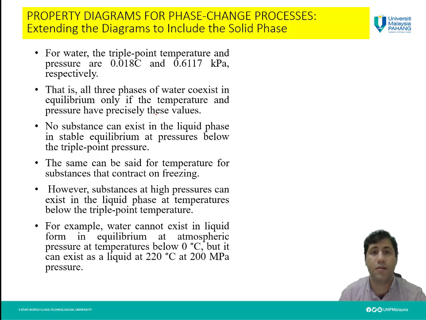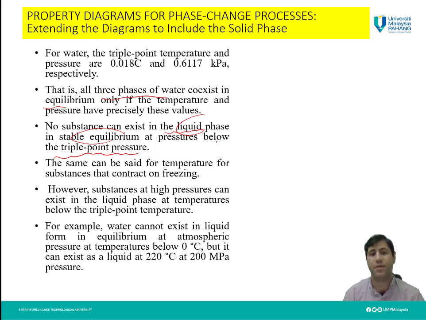It means in this condition we have all three phases in equilibrium, and no substance can exist in the liquid phase in a stable equilibrium at pressures below the triple point pressure. So this is a hint to understand what the phase of a material will be in a specific condition.